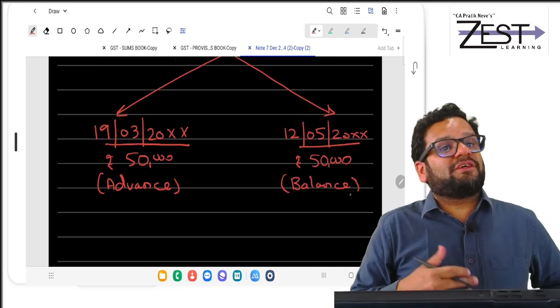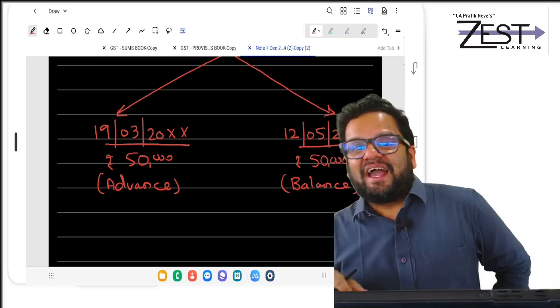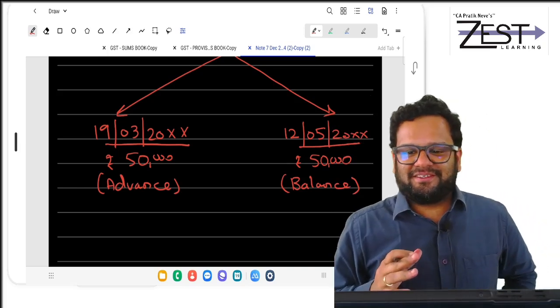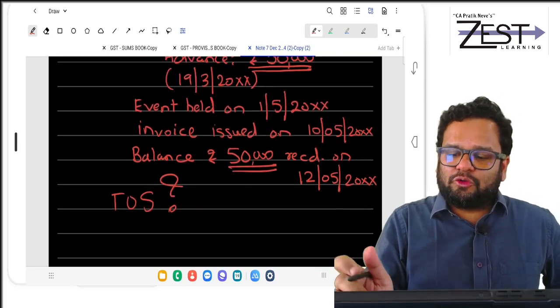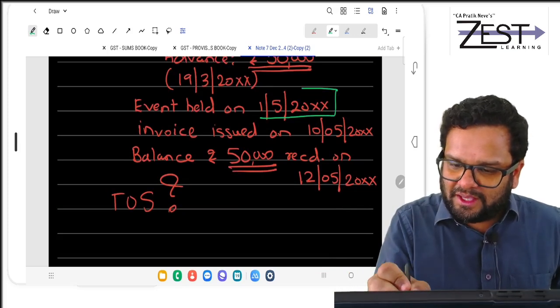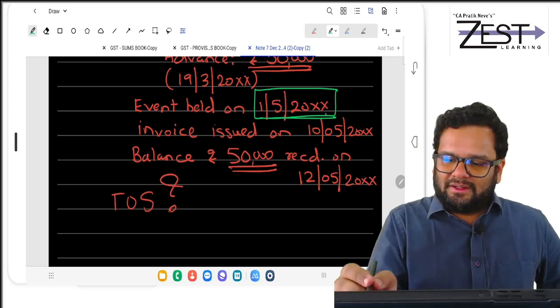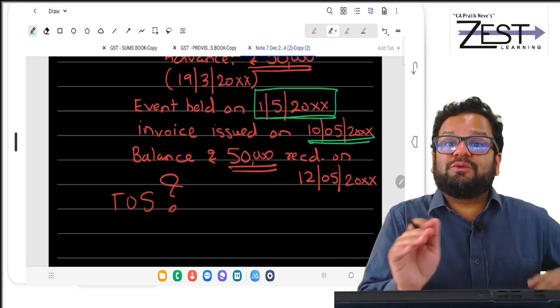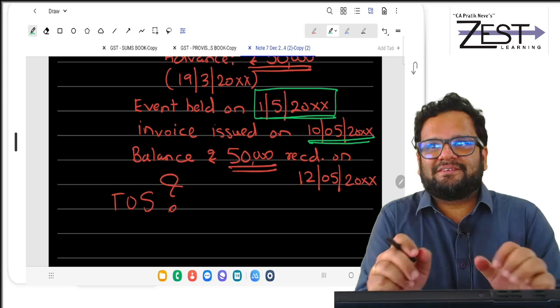Now, what is the time of supply? Don't leave your basics. Have you made invoice within 30 days? First, you have to tell me that. When did event took place? 1st May. When is the invoice issued? 10th May. Is it within time? Yes, it is within 30 days.